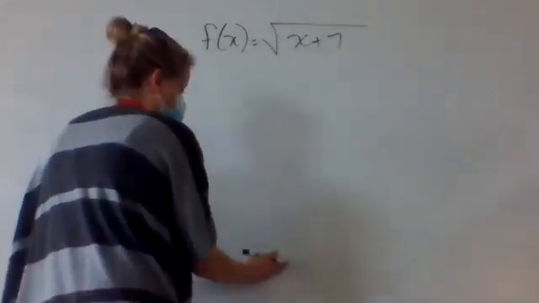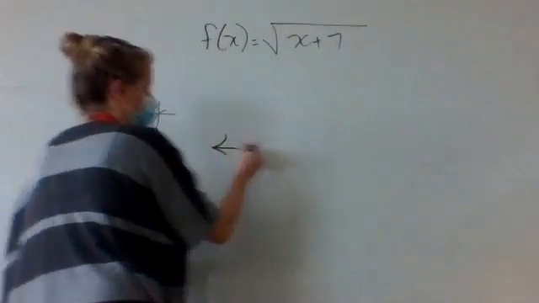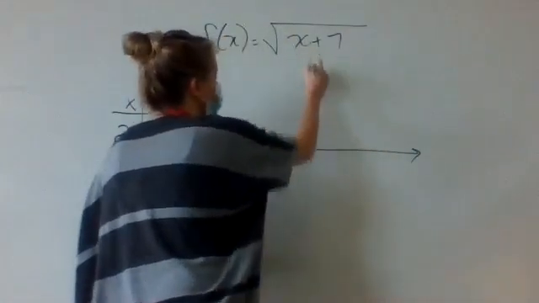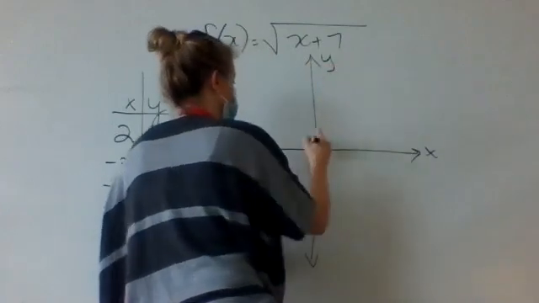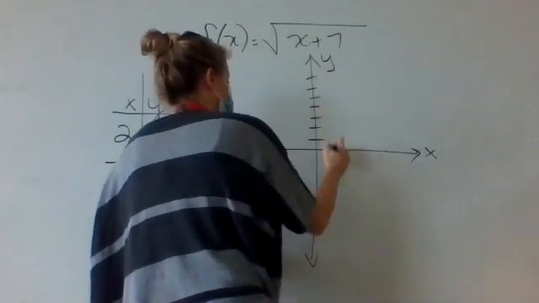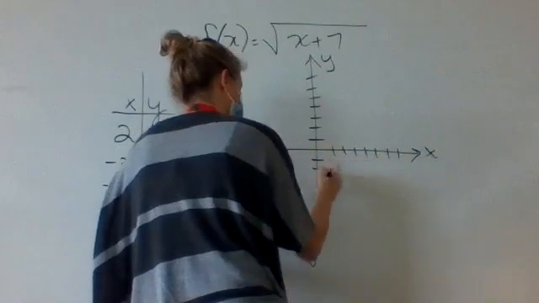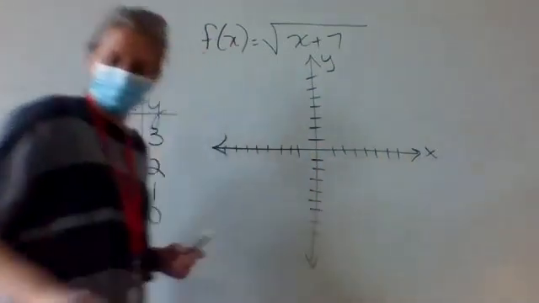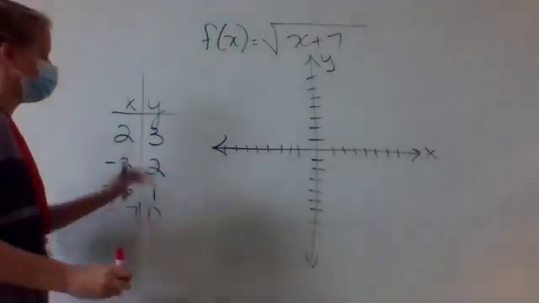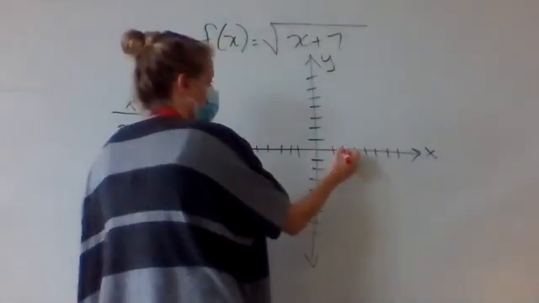So let's look at this. So let's see, 2, 3. So to the right 2, up 3.